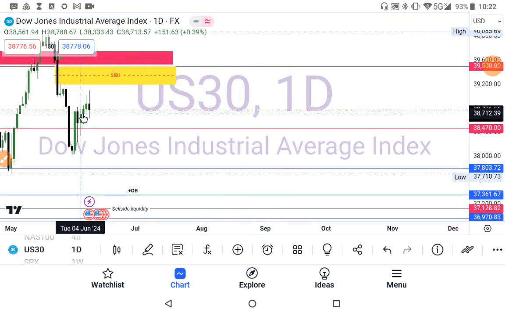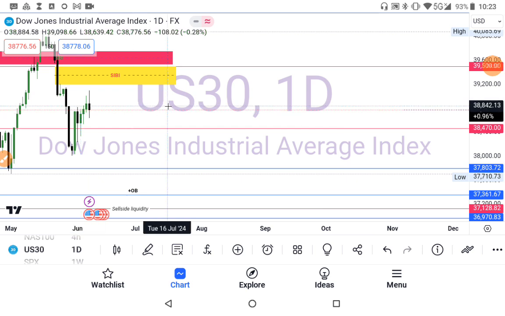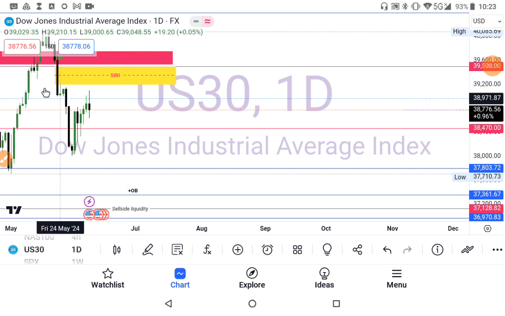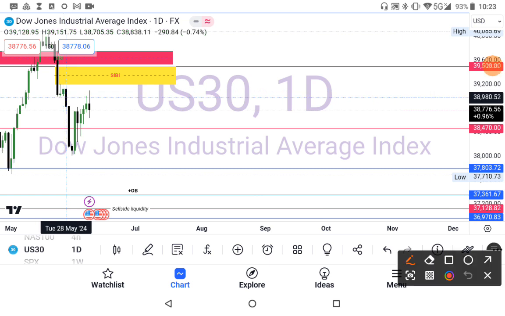But now I'm interested in going into the market fully because I've seen what I wanted. So I'll be interested in taking into 39,200. What's the eye of this candle here? The eye of this candle is 39,151.75.